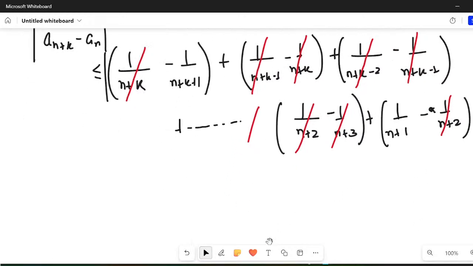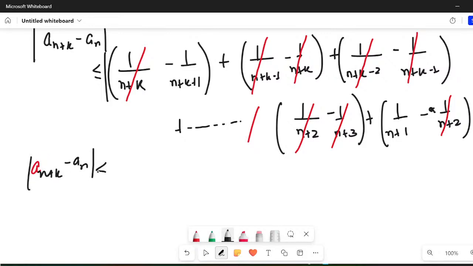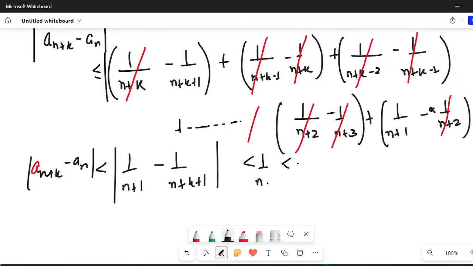So I'm left out with what? I'm left out with modulus of a_{n+k} minus a_n being less than 1 upon n plus 1 minus 1 upon n plus k plus 1. And clearly I know that this would be less than 1 upon n. Okay, and I know that 1 upon n can certainly be made less than epsilon for all n greater than or equal to n naught belonging to natural.